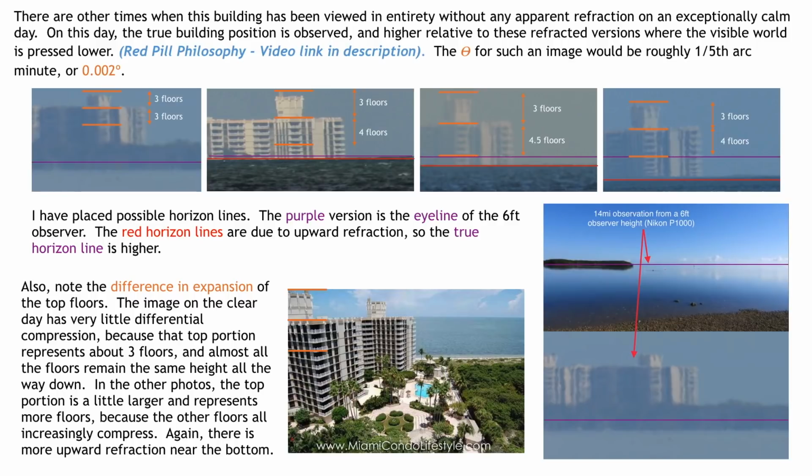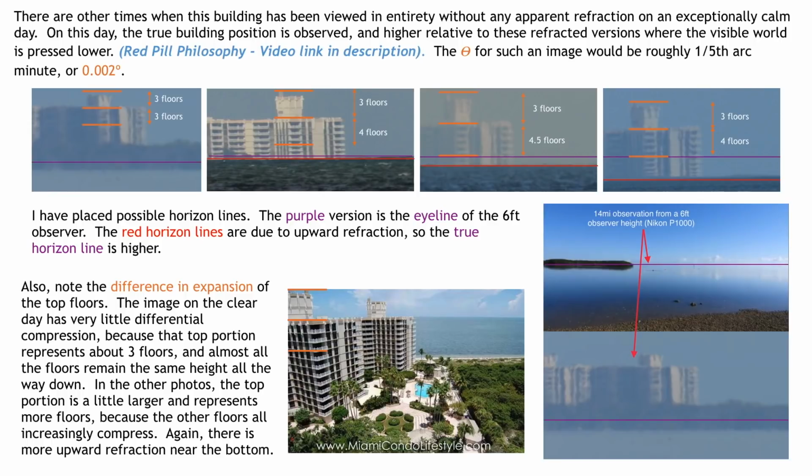And what you see is, and I've standardized the purple lines with another method, which I'll show in the next slide, that's essentially the true eye line of this observer, versus what is seen in red, which is the apparent horizon line, which has been pushed lower and lower on these different days. And again, that's an example of that gradual linear upward refraction where the entire visible world is brought lower. But we can also see within this same footage this differential compression as well.